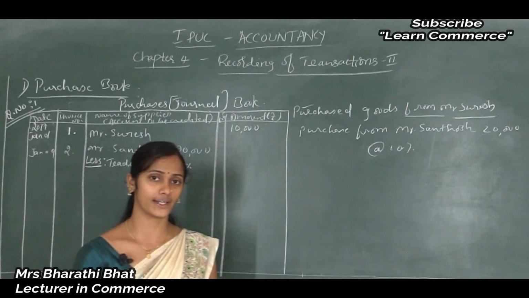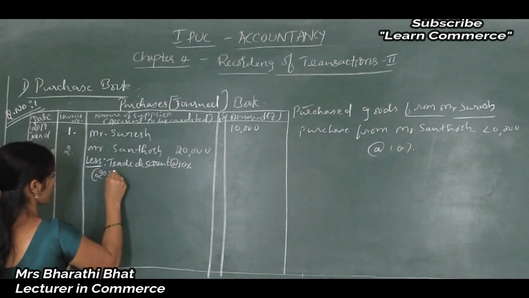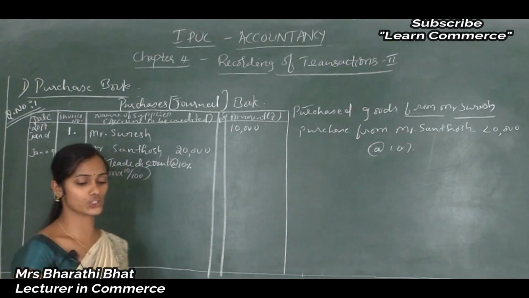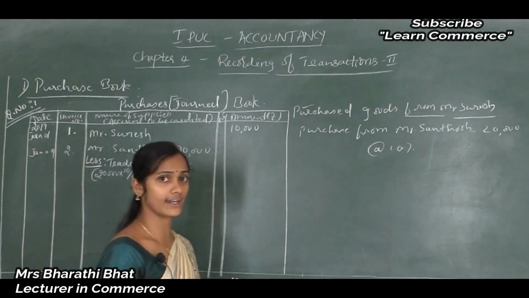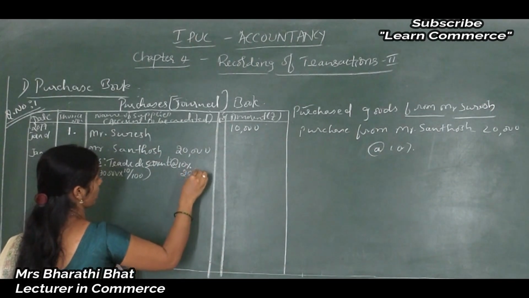How can we calculate 10% discount? On which amount? 20,000 into 10 by 100. Calculate the amount: 2,000 is the discount amount.